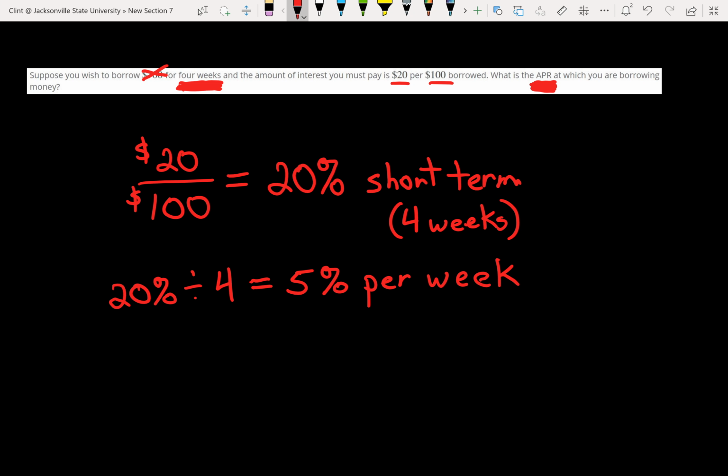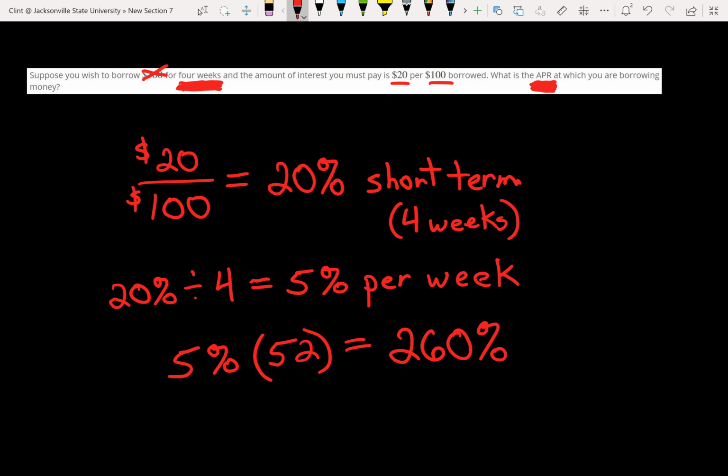And then there are 52 weeks in a year, so I do 5% times 52. 5 times 52 gives me 260% interest. And so that is the APR, 260%. That's a really terrible interest rate when you think about it that way.